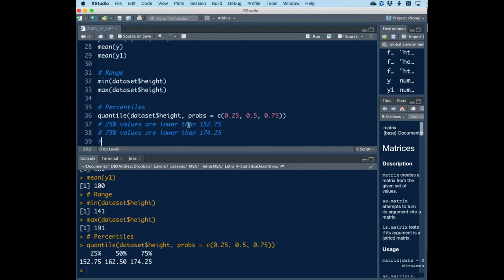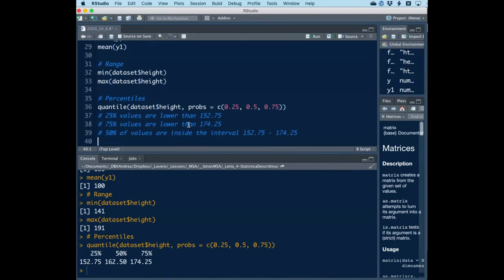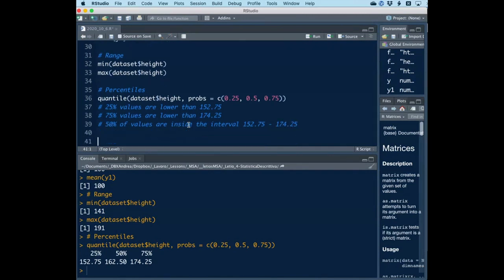That means that 50% of values are inside the interval 152.75 and 174.25. So that's the meaning of the 25th and the 75th percentile. They can be used because we know that 50% of values are included in that interval.